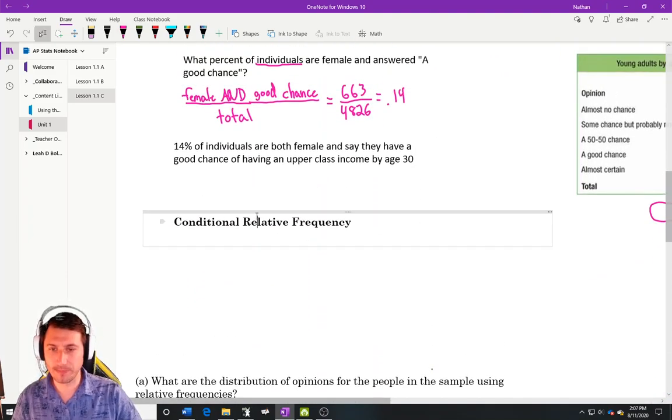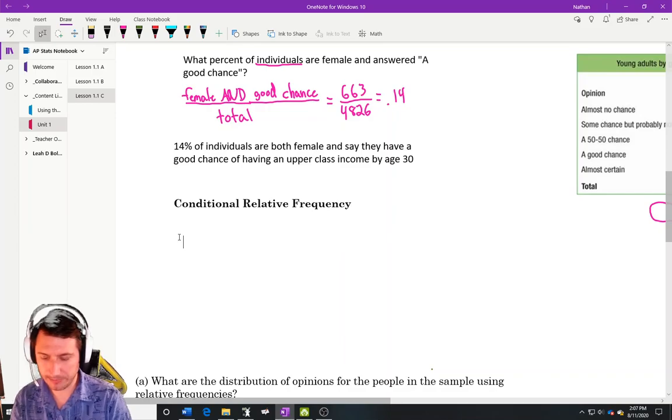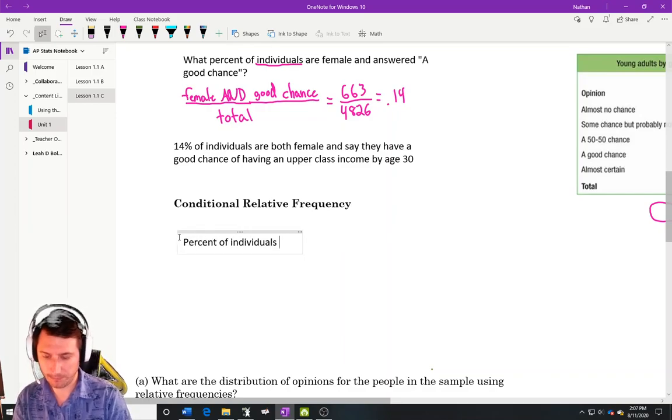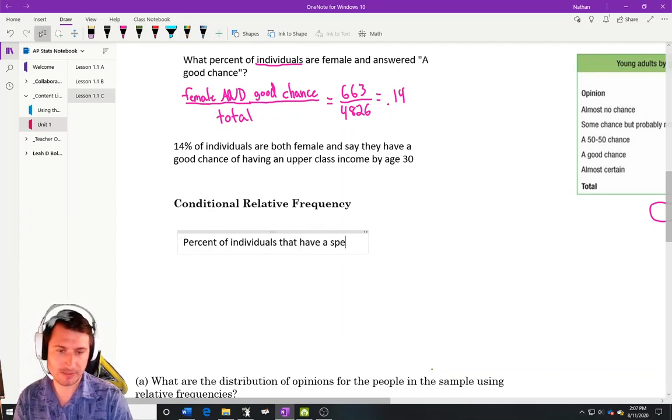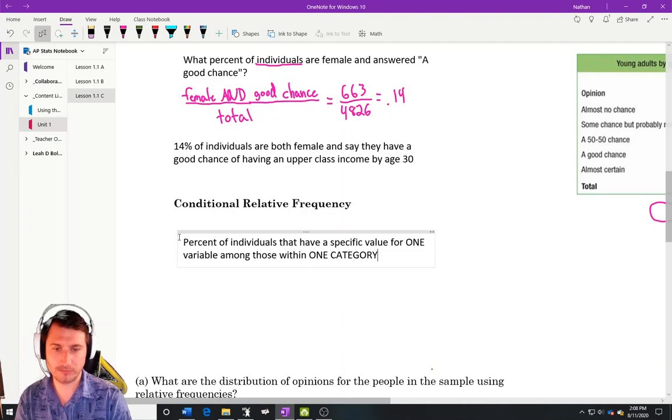One more, the conditional relative frequency. So this one is the percent of individuals that have a specific value for one variable among those within one category of the other variable.